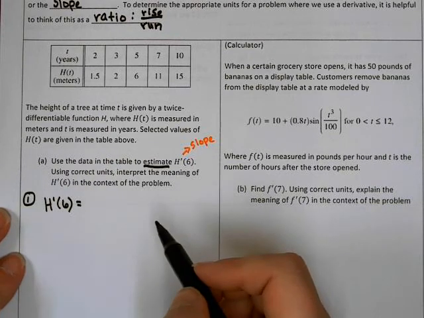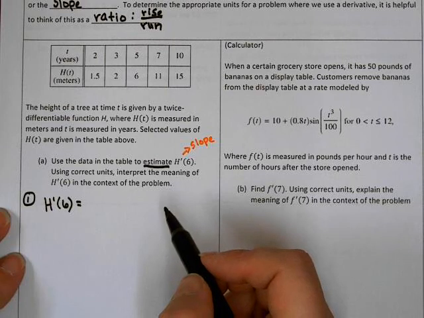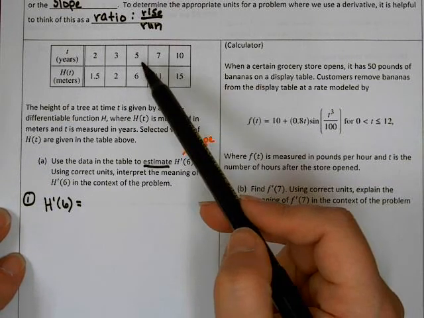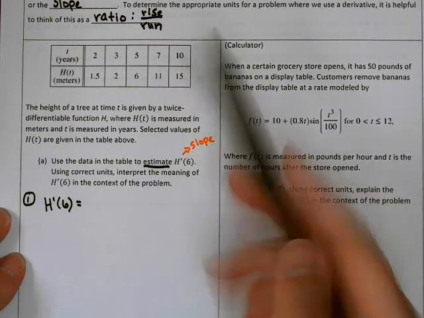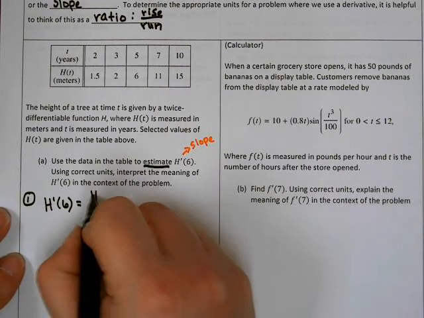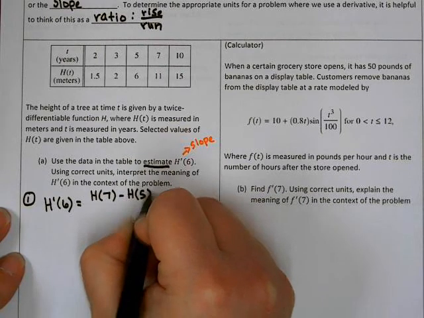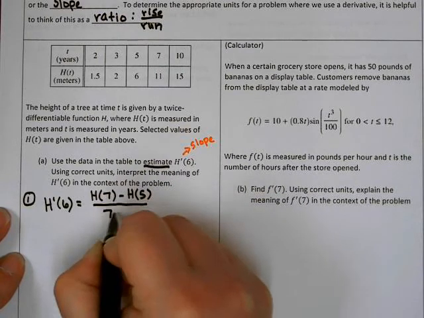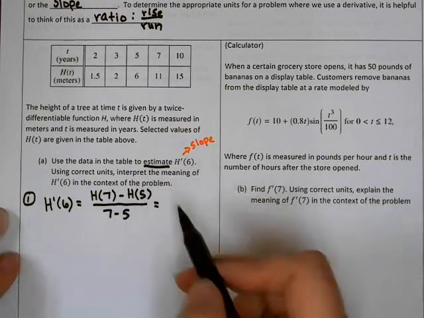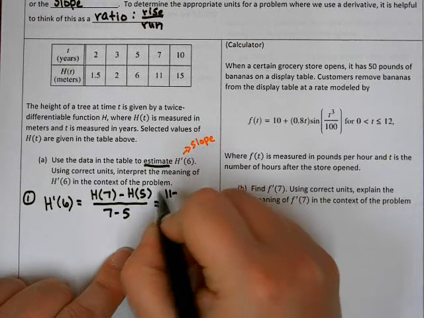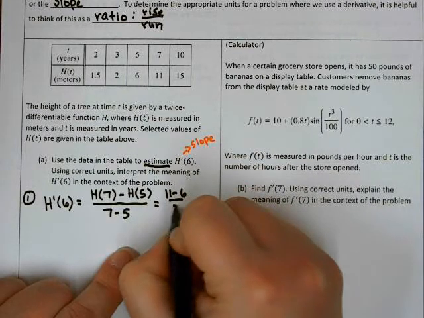the only way for us to find this slope is actually going to be to find the slope between 2 points. So we know that 6 is between 5 and 7, so we're going to use regular old slope. So h of 7 minus h of 5 over 7 minus 5. All right, let's see, h of 7 is 11, so 11 minus h of 5, which is 6, over 2.